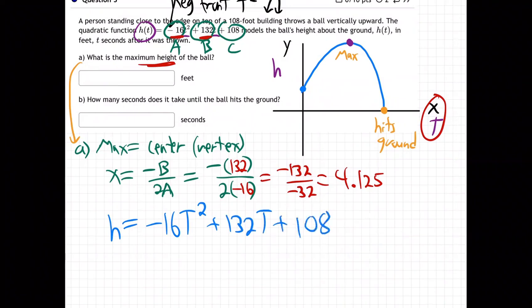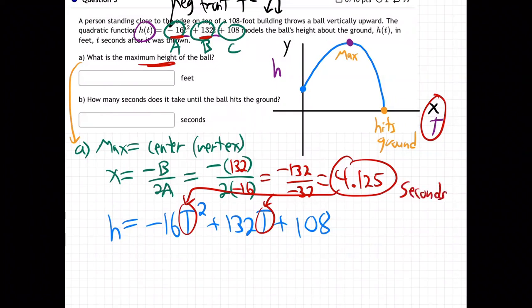Then I grab that 4.125 and plug it in for t, because that's actually t. That's seconds. So t equals 4.125, which means the ball is at its maximum height 4.125 seconds after it's thrown.